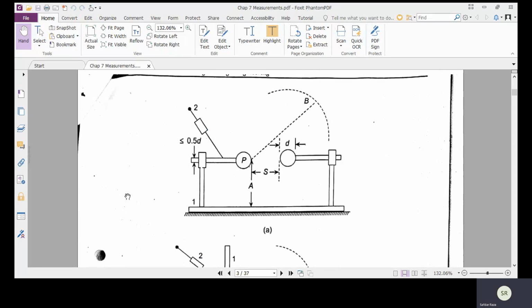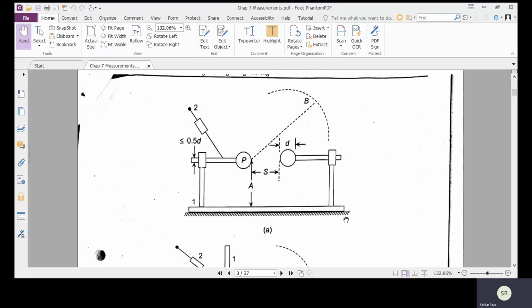So in horizontal arrangement, this sphere is movable, as represented by these arrows, so we can adjust the distance of the sphere by moving it from here.